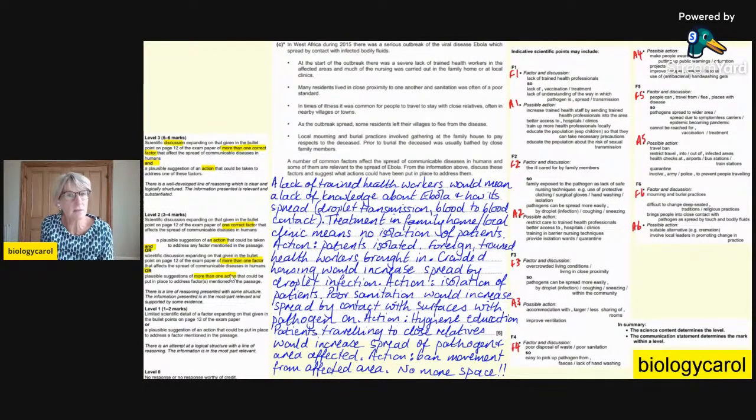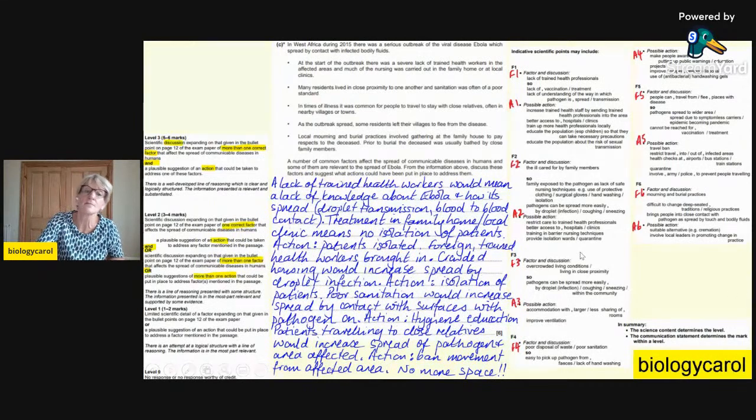This isn't absolutely exhaustive, but let's face it, this is what examiners would have used as a guideline. So we've really got to be able to identify an appropriate discussion of a factor, which I have designated F1, F2, F3, and the actions A1, A2, A3.